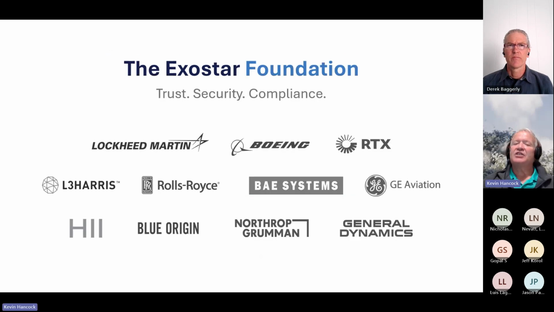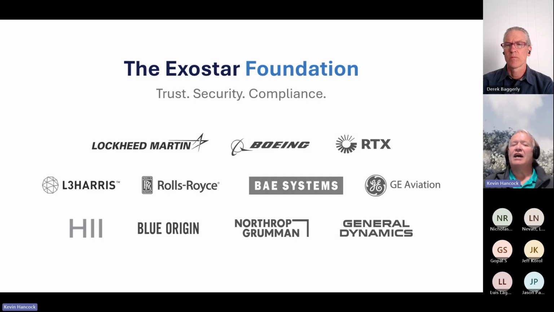Now, this Exostar network has built up over time because Exostar was actually founded by those large aerospace and defense prime contractors. Their goal in founding Exostar way back when, about 25 years ago, was that they wanted to build a trusted network of supply chain partners so they could improve that overall collaboration.